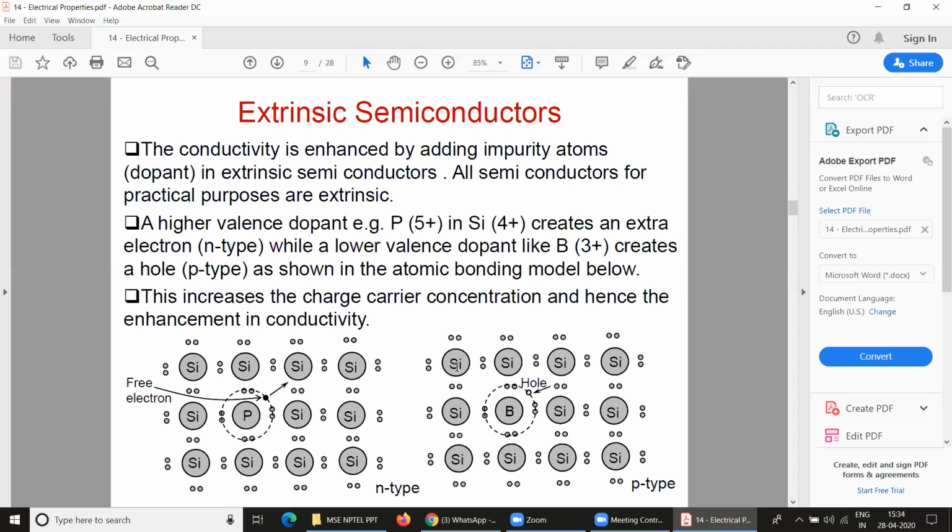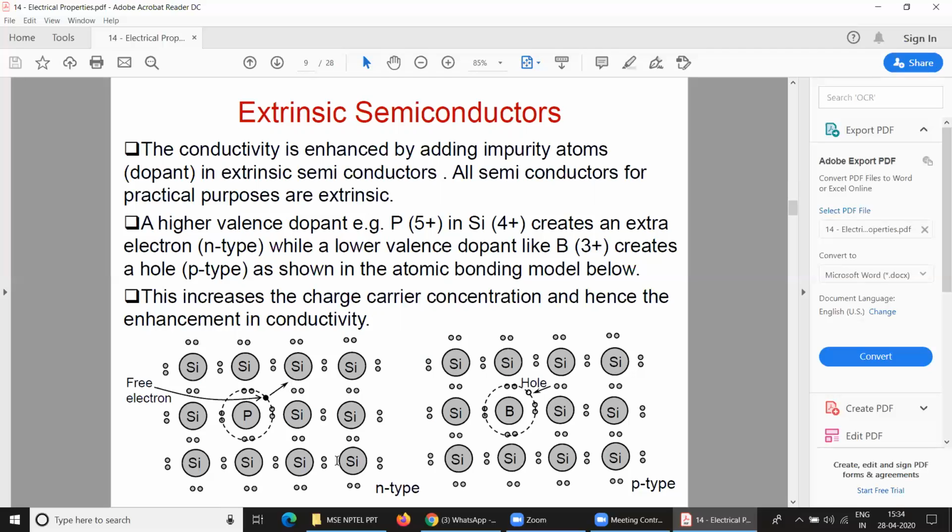Here P is a dopant which is creating free electrons, and here B is another dopant which is creating another type of holes, that is p-type holes. So that is the n-type model and that is the p-type model. Please look into the pictures very carefully.